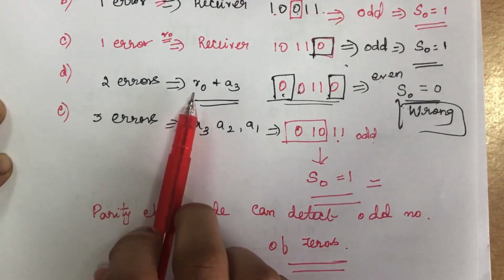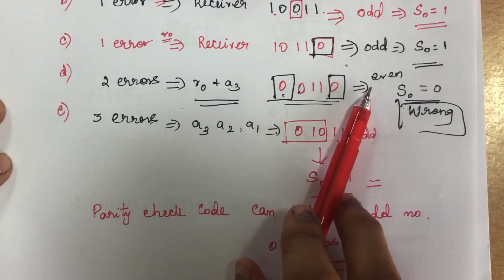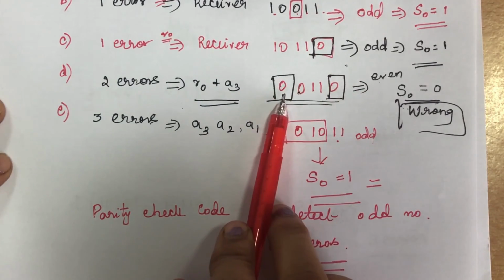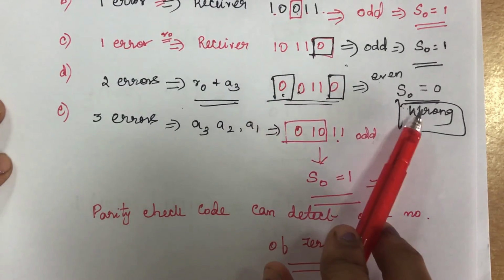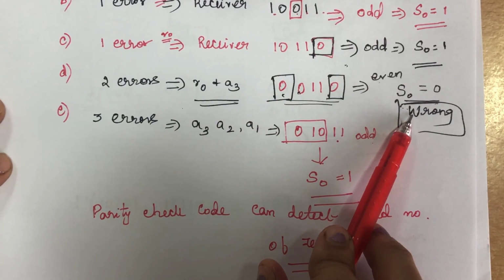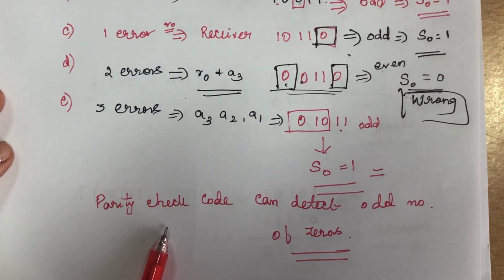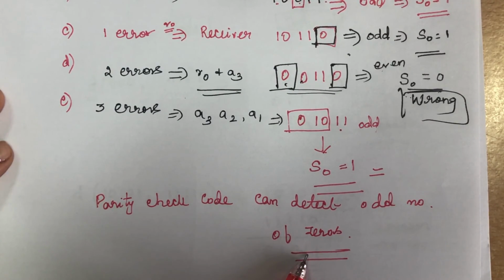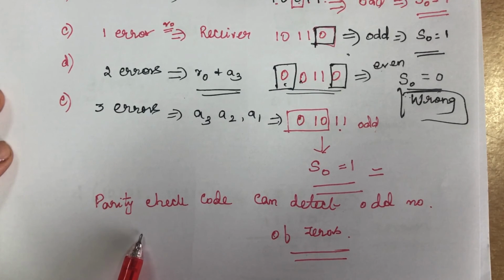As in the fourth case, if you are getting an even number of ones, even though there is an error in the transmission, it will extract the data word and send it to the receiver. So this parity check code will not work for an even number of errors. It can detect only an odd number of errors. This is the problem we have in the parity check code.